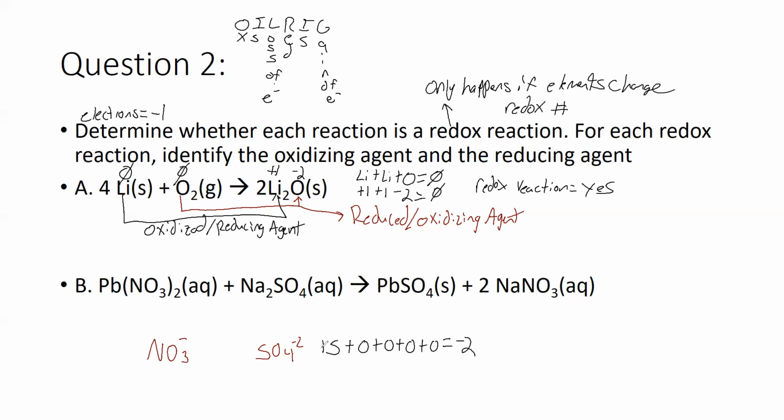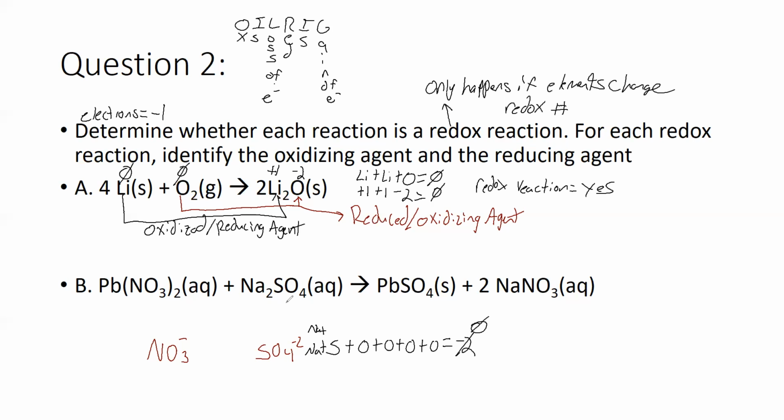Because in total, when two sodiums are added to this, everything is 0 at that point. Sodium is balancing out the SO4. However, when doing SO4 itself, you have to realize it's -2.